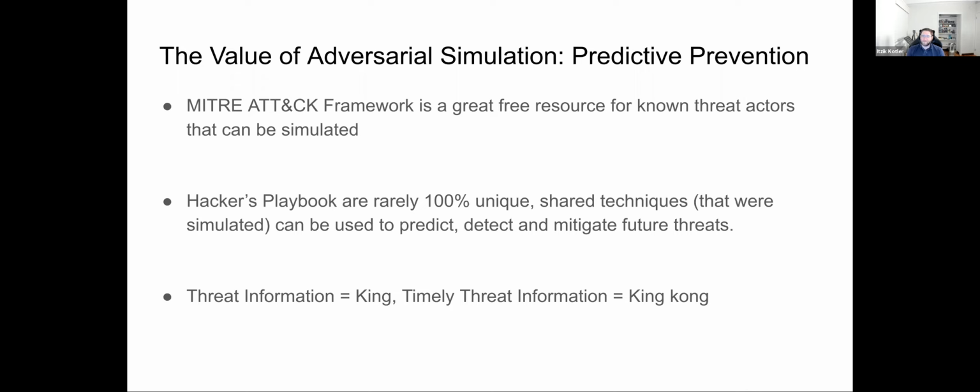It's a great free resource that took a list of known threat actors, anything from, again, Russia, China, North Korea, and also cyber criminal activities, known cyber gangs, so to speak, and sliced and diced the way those attack campaigns took place. So MITRE ATT&CK gives a sequential flow that explains what happened for a given attack campaign.